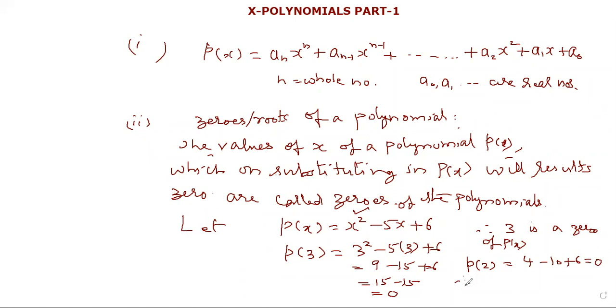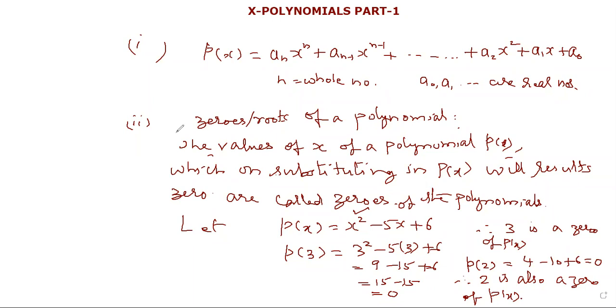So we can say 2 and 3 are the zeros. 2 is also a 0 of this polynomial p(x). So zeros of polynomials. So values which satisfy the polynomial are called the zeros of the polynomial. Correct? And how to find that we will study one by one.